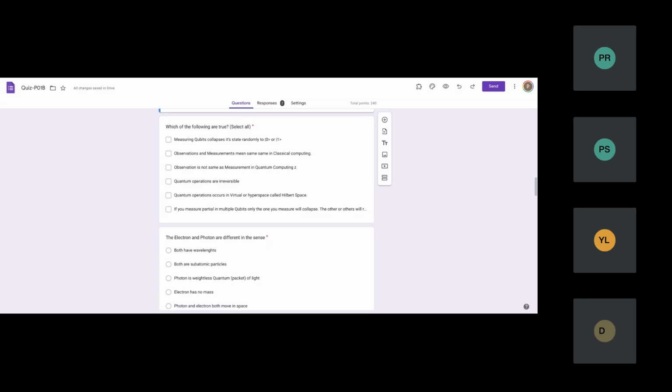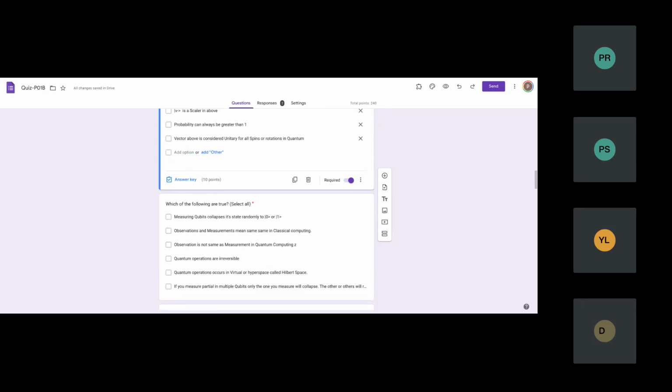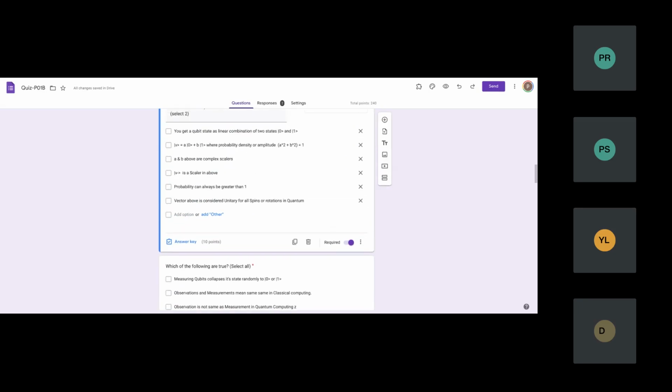If you look at a 2-qubit system, 1 qubit we know: it has two basis states, and it has alpha ket 0 plus beta ket 1, whatever you call it, right?